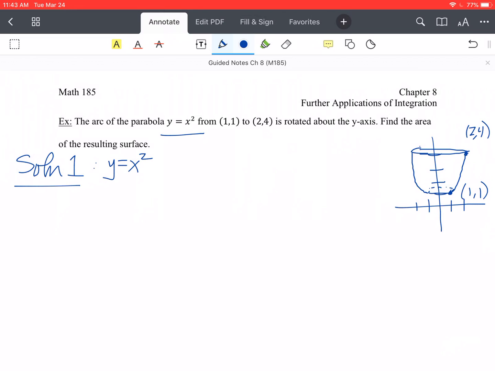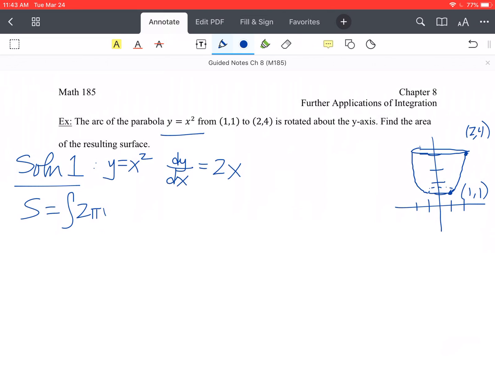So y equals x squared. So the derivative dy/dx is just 2x. So our formula for S, right, that's 2 pi y, oh, excuse me, sorry.